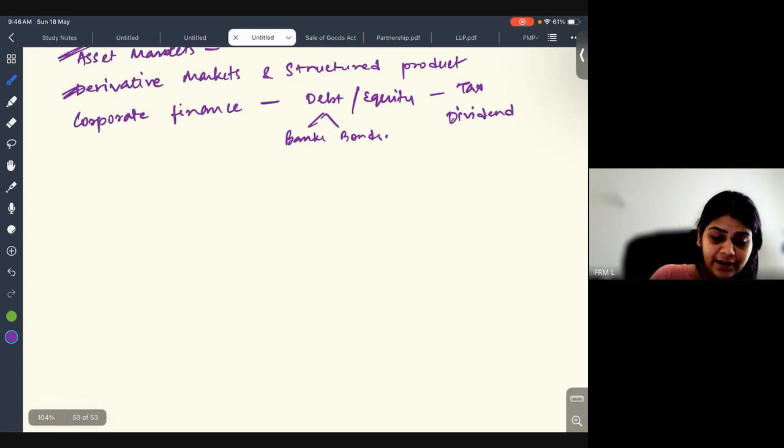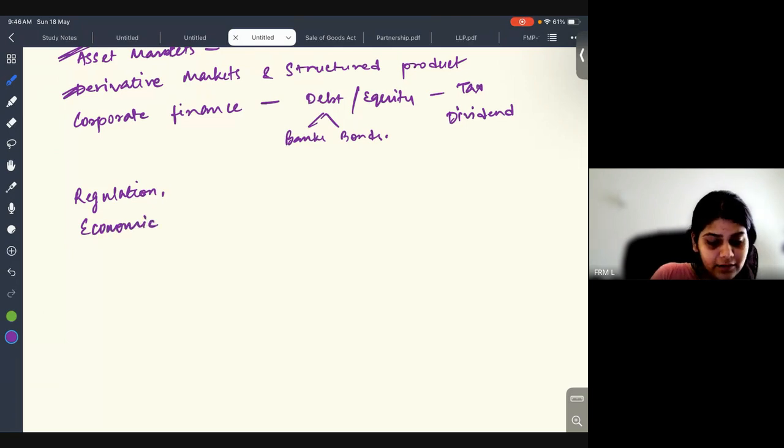After corporate finance, we again come back to the macroeconomic factors of regulation. We have economic influences, monetary influences, and taxation, political influences.